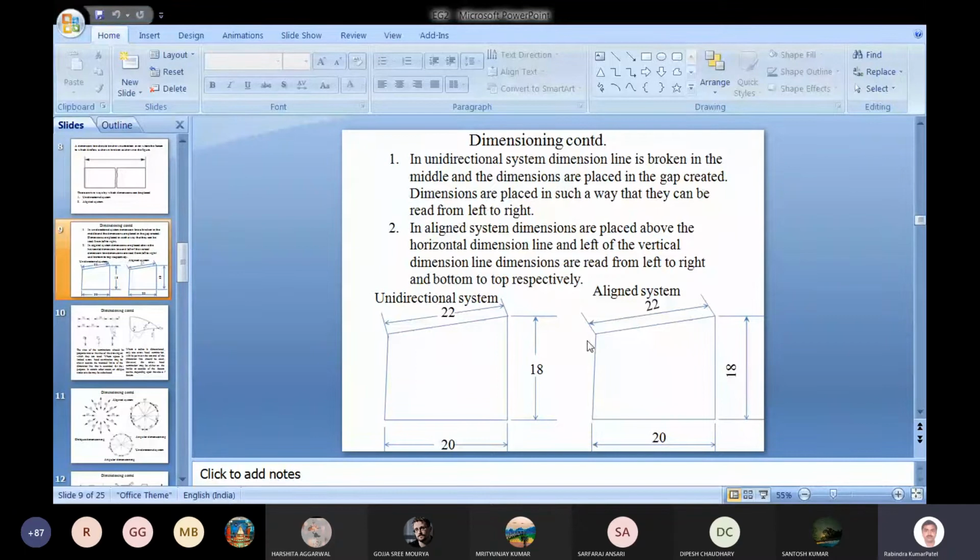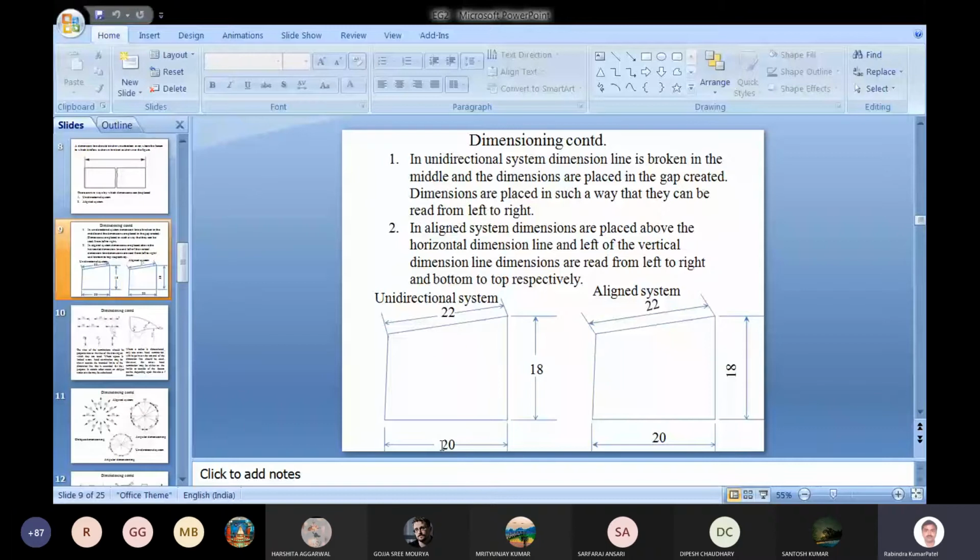In the unidirectional system, if this is the figure or a view or outline of the object which has been drawn, we place the dimension like this: we break the dimension line in the middle and place the value in such a way that it is read from left to right.